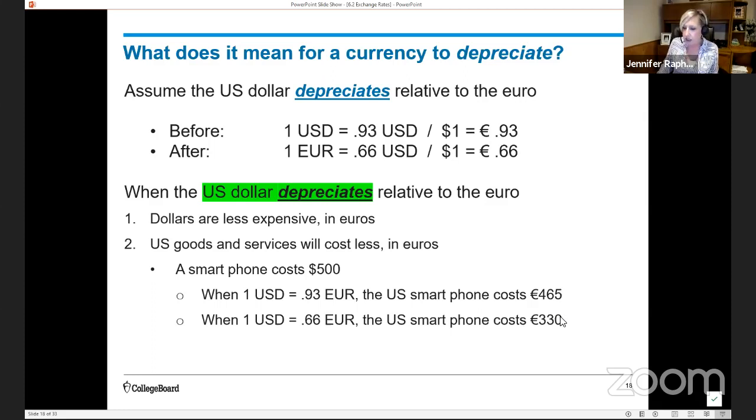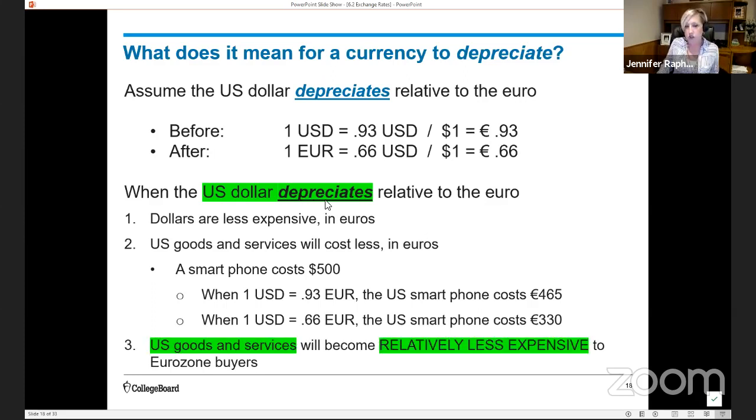So look at how much less expensive that phone is for a Eurozone consumer than it was before. And it's not because the cost of the phone changed, it's because the cost of the dollar changed. So exchange rates have really important implications for the purchasing power of consumers who wish to buy goods and services from other countries. Okay, so when the US dollar depreciates relative to the euro, US goods and services will become relatively less expensive to Eurozone buyers.